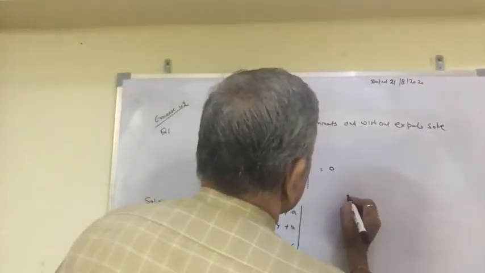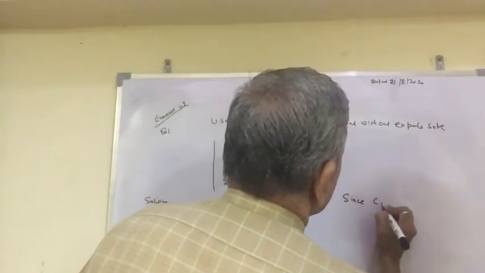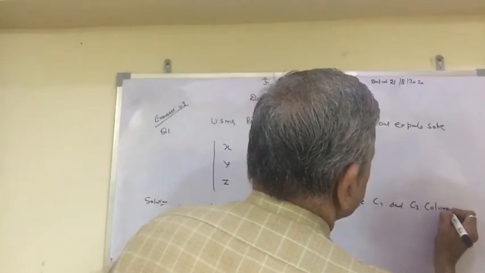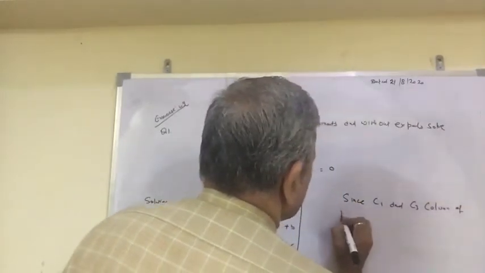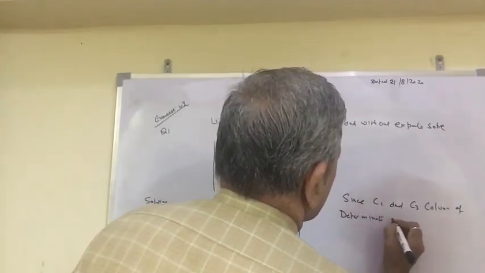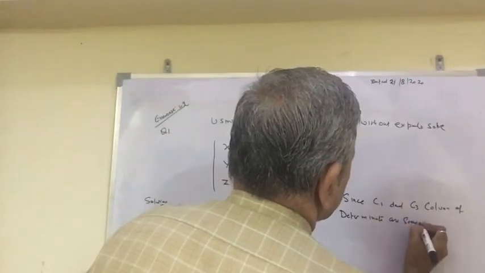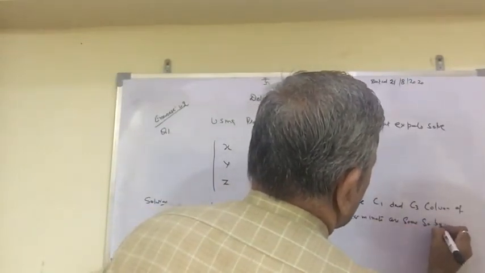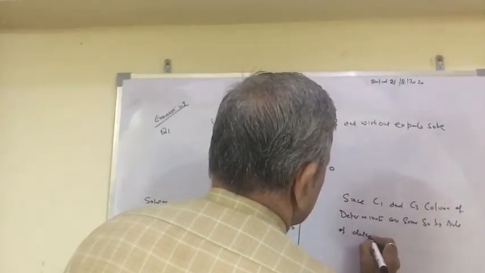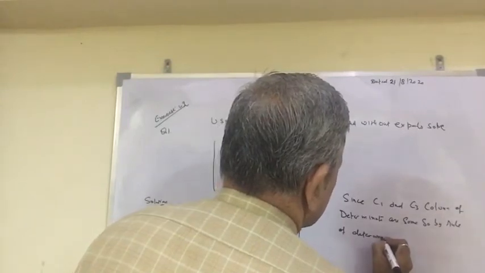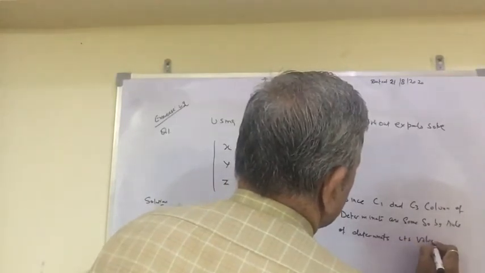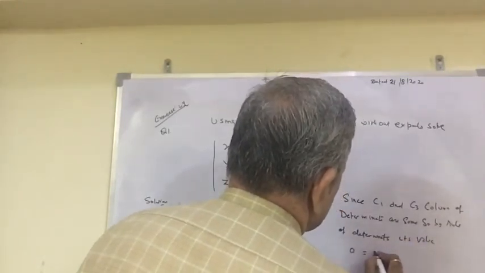So you can say, since the C1 and C3 columns of the determinant are the same, by the rule of determinants, its value will be 0, which is the right hand side.